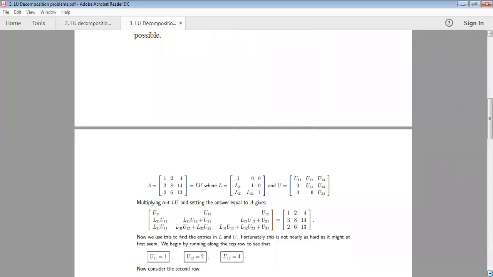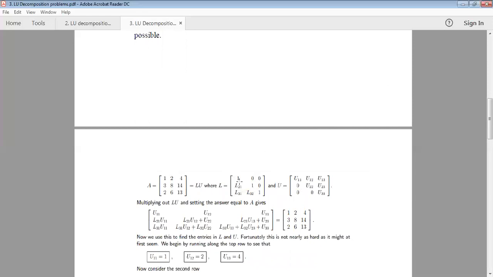Now A equals LU, where L equals [1, 0, 0; L21, 1, 0; L31, L32, 1] and U equals [U11, U12, U13; 0, U22, U23; 0, 0, U33]. So we have to use Crout's method.